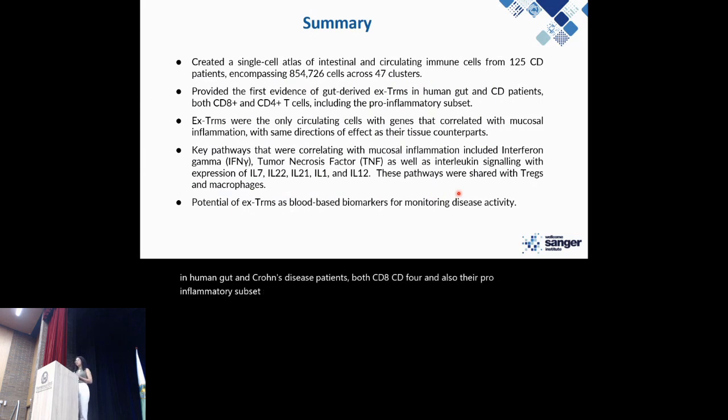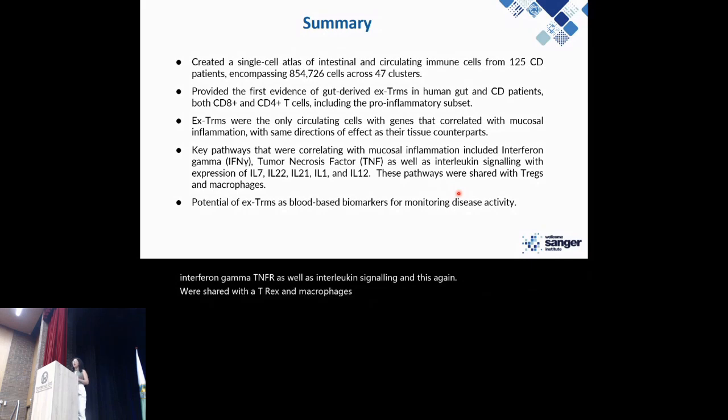XTRMs were the only circulating cells that had genes that correlated with mucosal inflammation, and the direction of effect was the same as their tissue counterparts. Key pathways that were correlated with mucosal inflammation included interferon gamma, TNF, as well as interleukin signaling. And these, again, were shared with Tregs and macrophages.